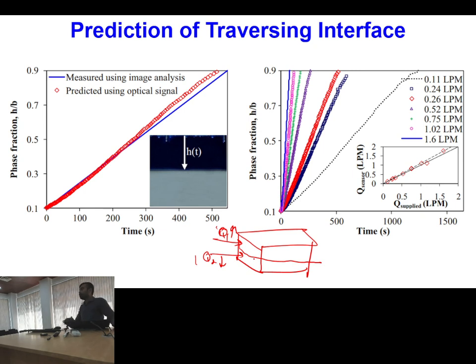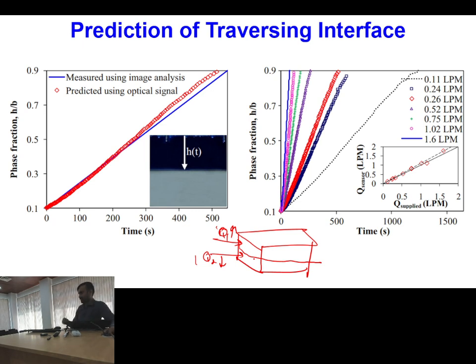So if you have some process parameter in the industry where you want to control the flow rates of the two fluids, then depending upon the interface location, you can see whether your flow rates are decreasing or increasing for a particular phase, and you can utilize this information to control the flow rate as well.